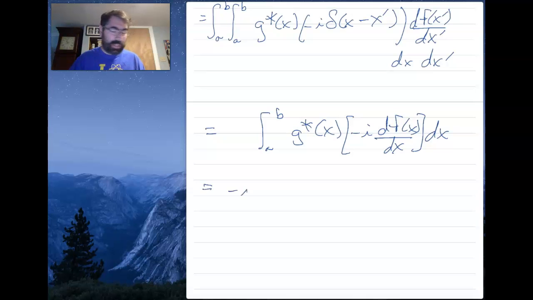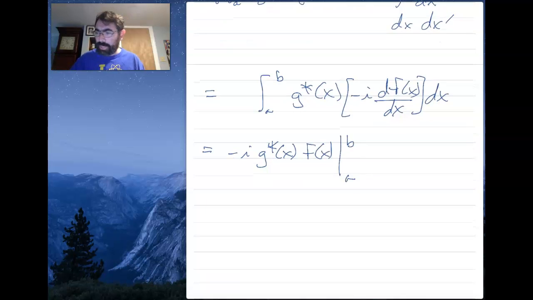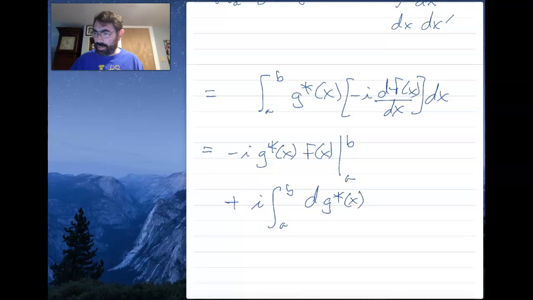We get minus i, g star of x times f of x, evaluated from a to b, plus i, the integral from a to b of the derivative of g star times the function f.